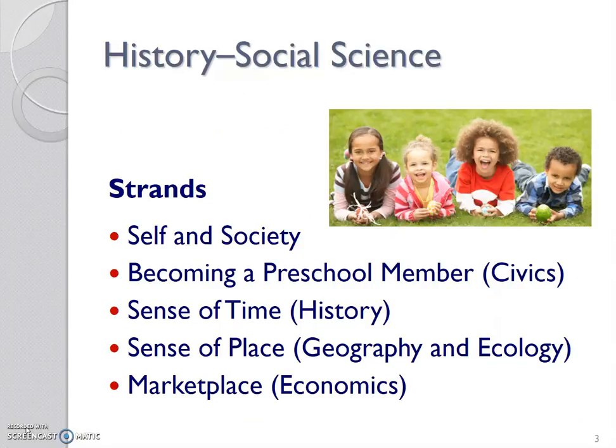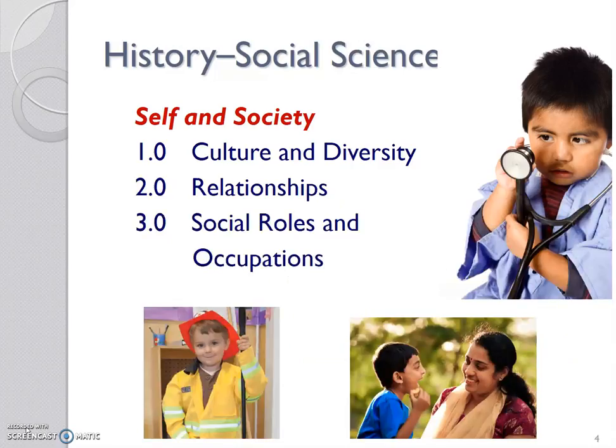There are 5 strands within the domain of history and social science. Those strands are self and society, becoming a preschool community member, a sense of time, sense of place, and marketplace. And within each strand, there may be one or multiple substrands.